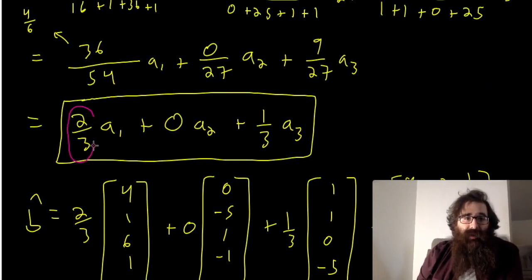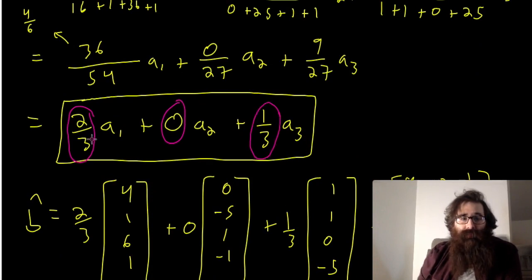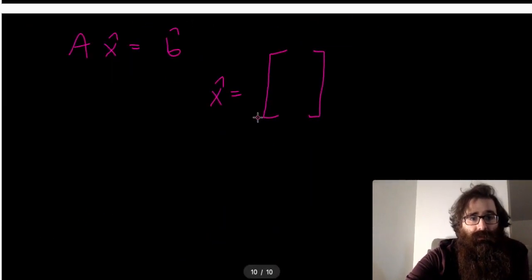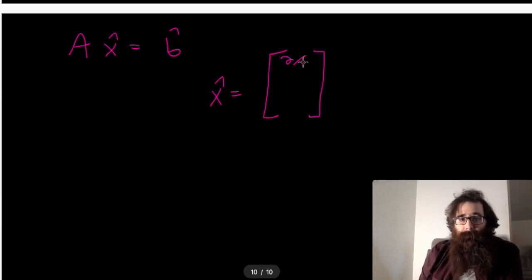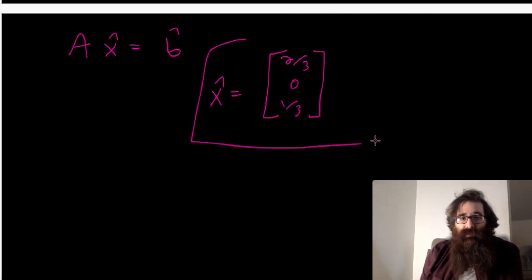The weight on a sub 1, the weight on a sub 2, the weight on a sub 3. This is going to build the vector x hat, 2/3, 0, 1/3. This is our vector x hat.